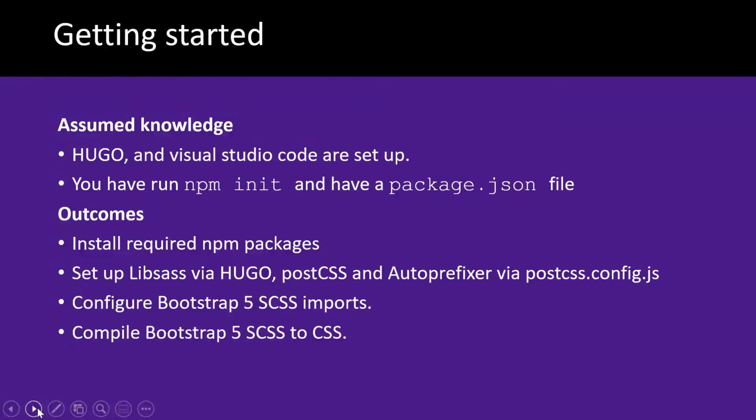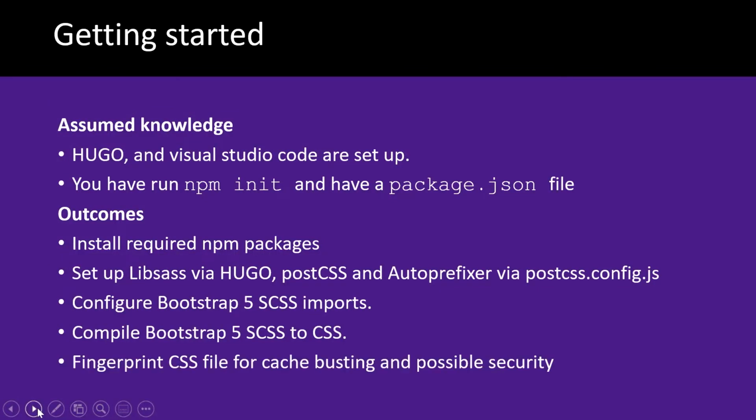You'll be able to compile Bootstrap 5 SCSS to CSS, and we're going to be fingerprinting the CSS file for cache busting and possible security improvements. We're also going to be creating custom variables to alter the Bootstrap 5 CSS output, so you don't have to override the CSS and create extra lines of code.